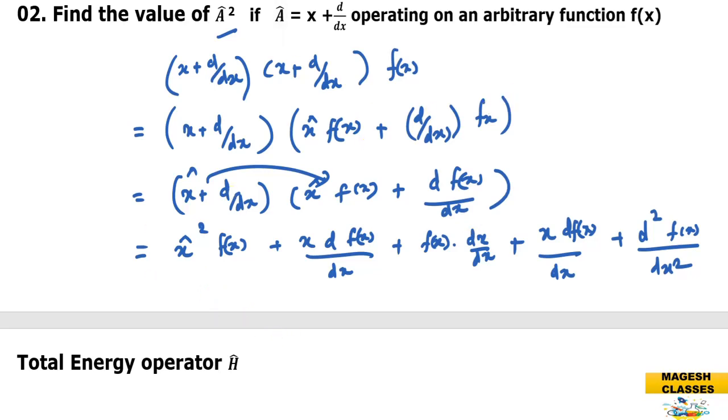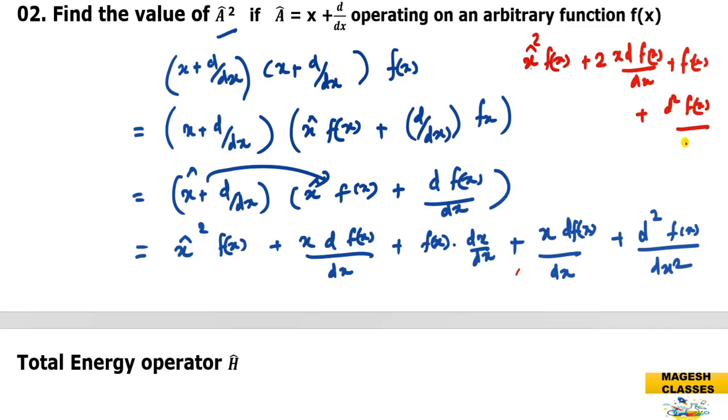So you can write here: x squared f of x plus 2x df(x)/dx plus d squared f(x)/dx squared. So multiplying by the term f of x, what you get?